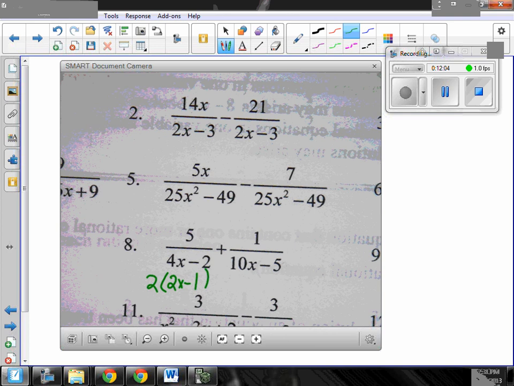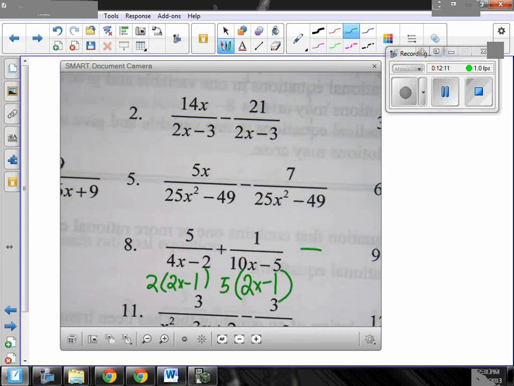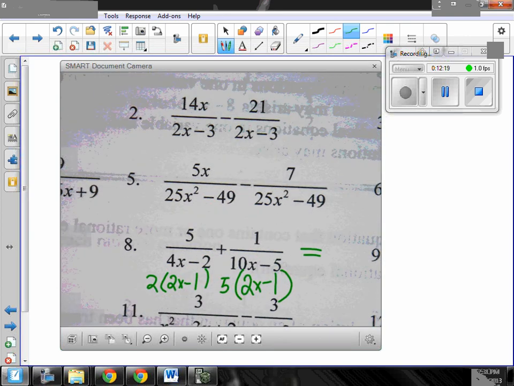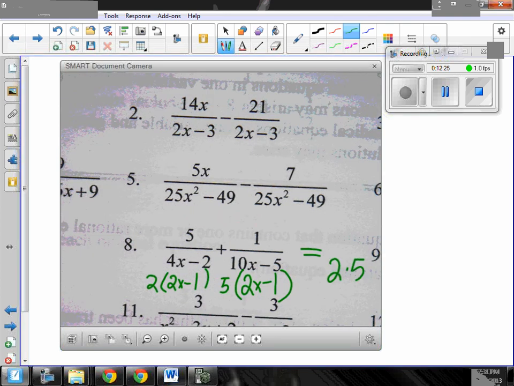Yes, pull out a 5. 2x minus 1. So my common denominator needs everything that's in all of the other denominators. What does the denominator need? It needs a 2 and a 5 and a 2x minus 1.